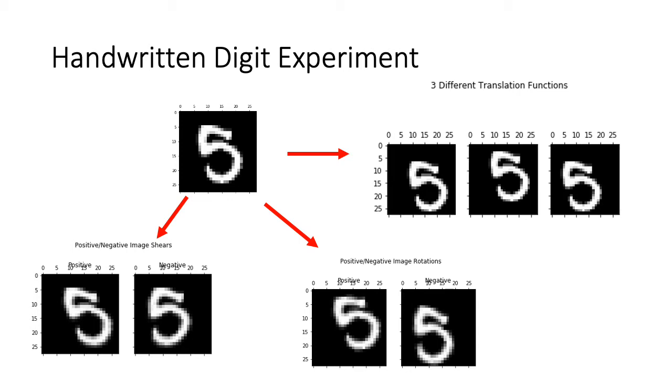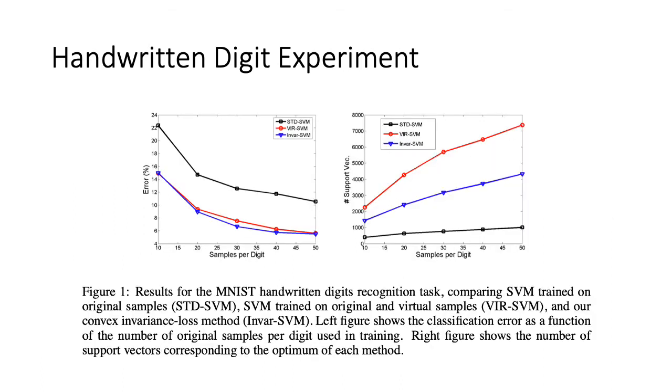Here's just some examples of some transformations. This was for handwritten digits. You can see shears, rotations, scalings, that kind of thing. And they trained their invariant SVM algorithm against a few other algorithms. They had a standard SVM and then a virtual SVM.